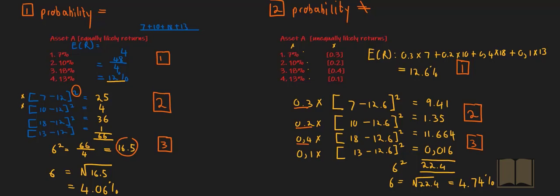Each of the squared deviations is multiplied by the probability of occurrence. And that will give us our variance. Step 4 simply just involves taking the square root of whatever the variance that you have calculated is in order to calculate your standard deviation.